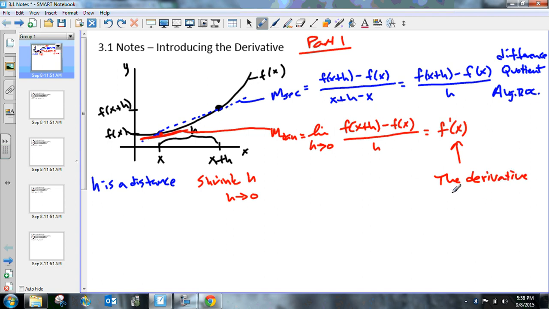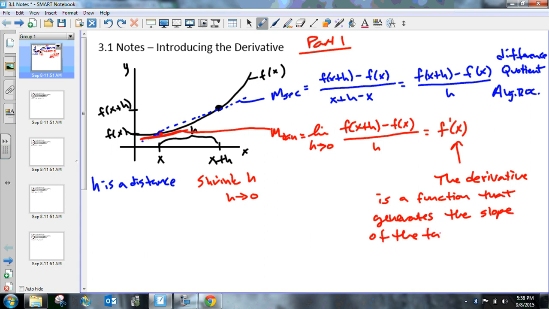And the derivative, and I'm going to write this, and this is something I want you to memorize, okay? The derivative is a function that generates the slope of the tangent line at any x value.